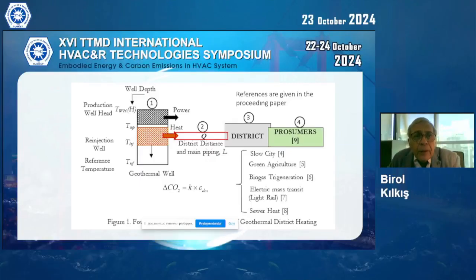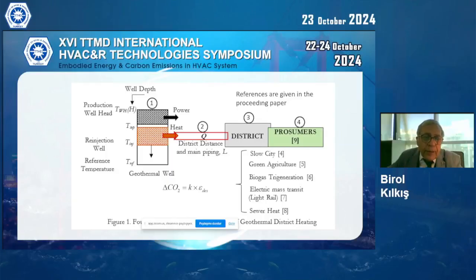In the district, we distribute the heat to prosumer buildings or just regular buildings. The well depth is a function because the deeper the well, the higher the temperature we get. But a deep well means large embodiments of carbon dioxide, energy, and also cost. The supply and the injection temperatures are almost fixed because the injection temperature may not be lower than about 40 degrees Celsius.